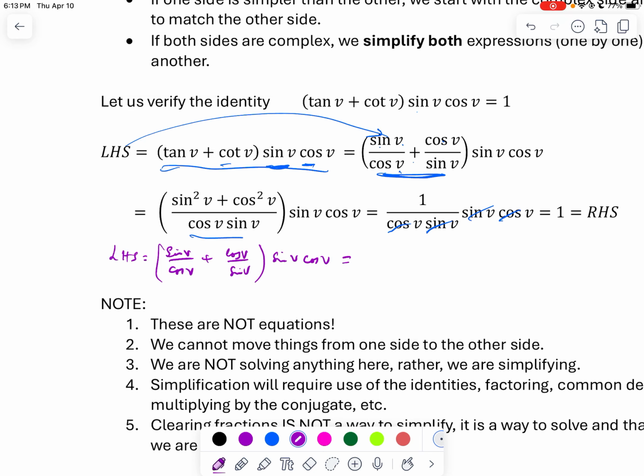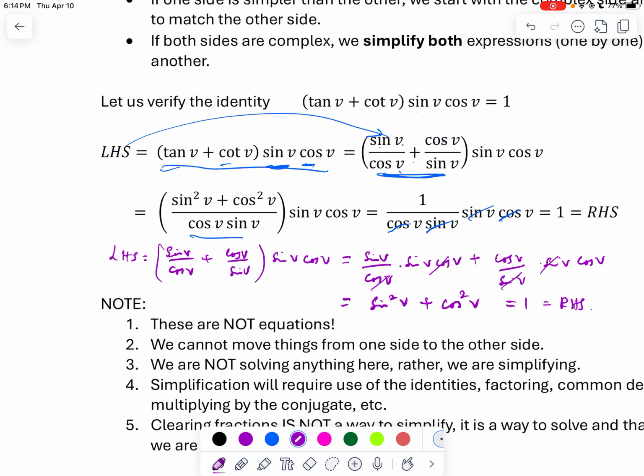So we get sine v over cosine v times sine v cosine v plus cosine v over sine v times sine v cosine v. Here cosine v cancels, and here sine v and sine v cancel. So we are left with sine squared v plus cosine squared v, which we know is equal to 1, which is equal to the right hand side. So we are done.